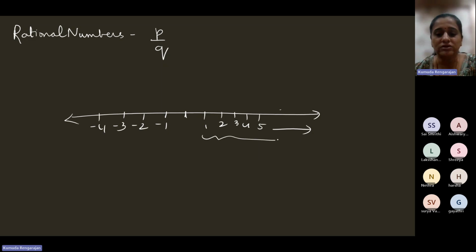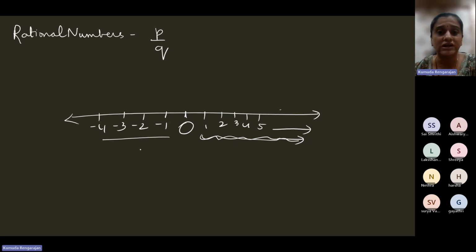So -1 is a negative of 1, -2 is a negative of 2, -3 is a negative of 3, -4 is a negative of 4, and so on. So the collection of all natural numbers, their negatives, including 0, forms the collection of integers.